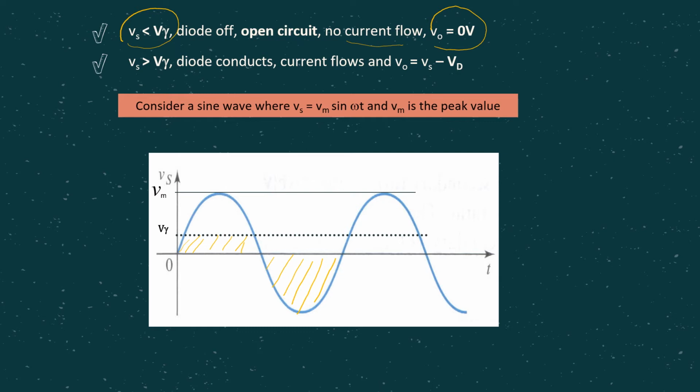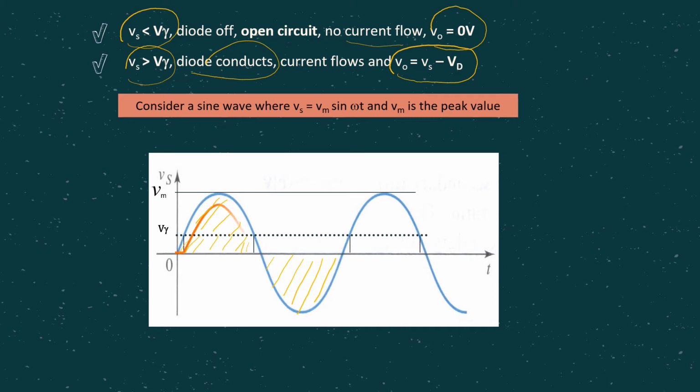So this condition is applicable for these two portions of the signal. The condition when Vs is larger than V gamma is this portion, where the diode conducts, as you can see from the circuit just now. That's why we are getting V naught equals Vs minus Vd.